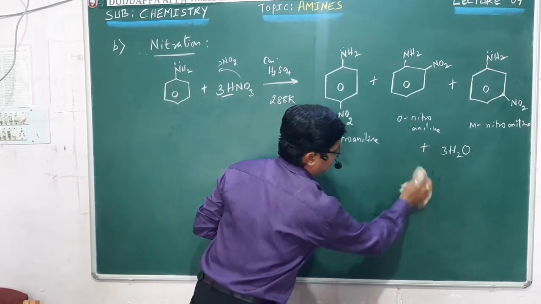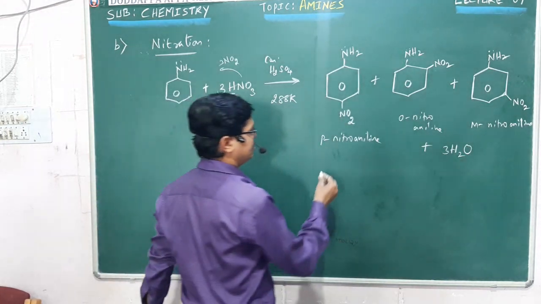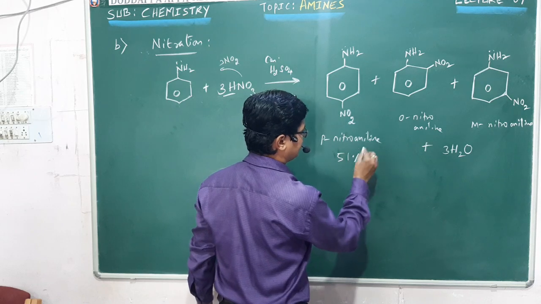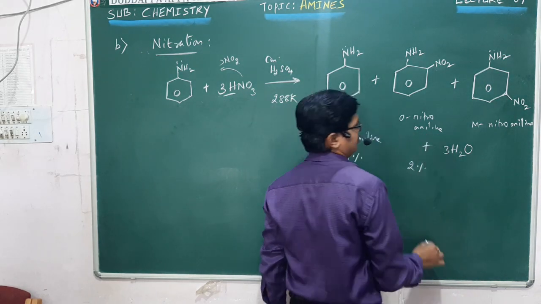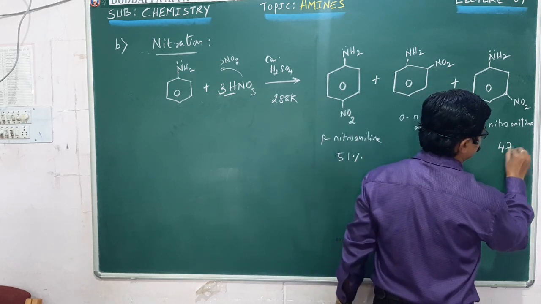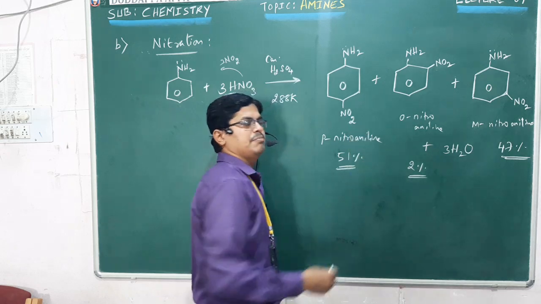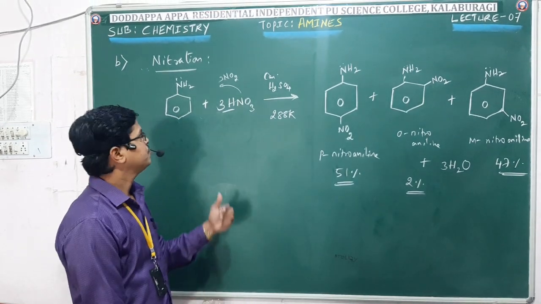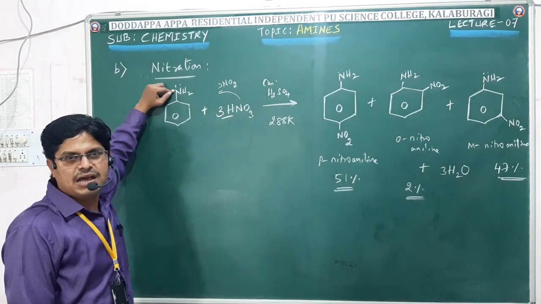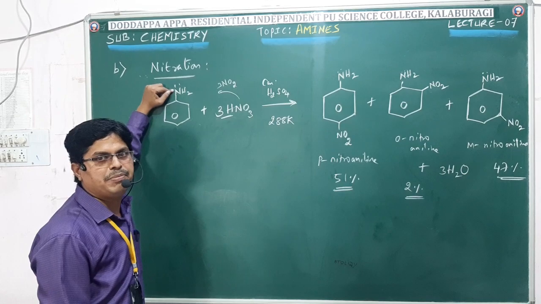When you focus on percentage, how much para-nitroaniline am I getting? I will get 51% of para-nitroaniline, 2% of orthonitroaniline and 47% of metanitroaniline. Students, as we know, the amino group in aniline is an ortho and para-directing group.